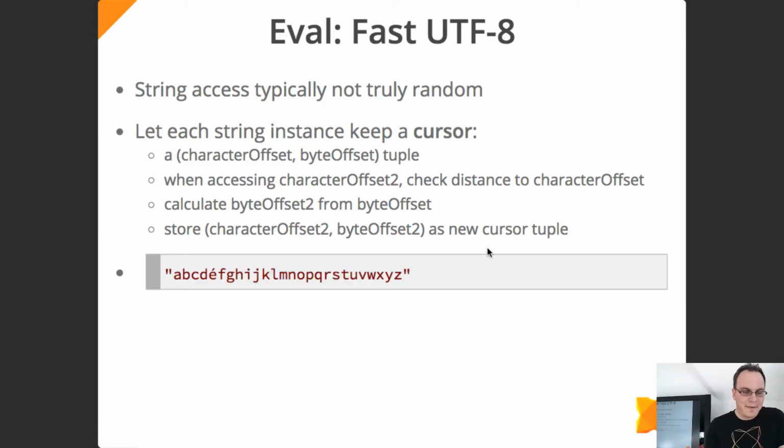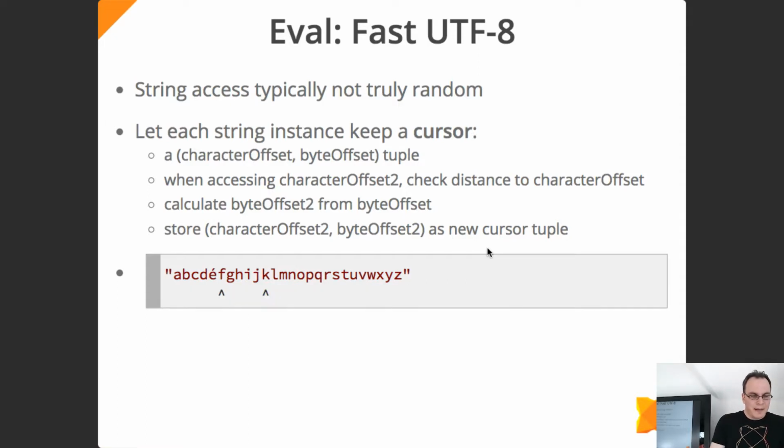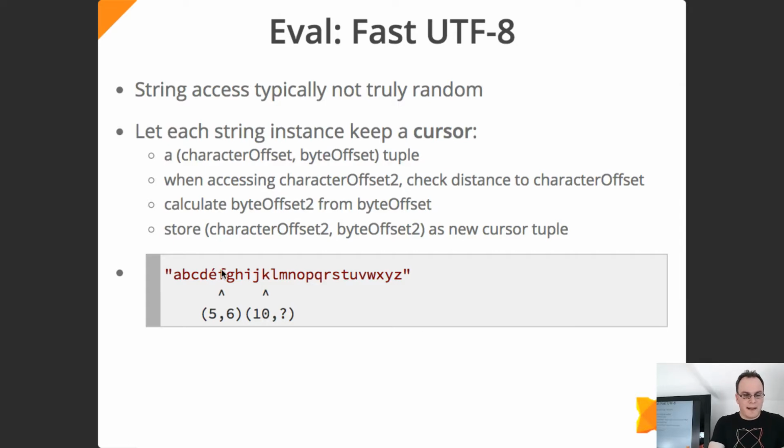So if we look at this, if we have this kind of string, and we're interested in these two guys, and notice again there's this guy here, the French E. So let's say we have the position of this F. It's the 5th character, starting at 0, and it's like the 6th byte position, because this guy is a bit fat, right? So it takes up 2 bytes. And if we're interested in the 10th character, well, now instead of going all the way from over here, we only have to go from here.